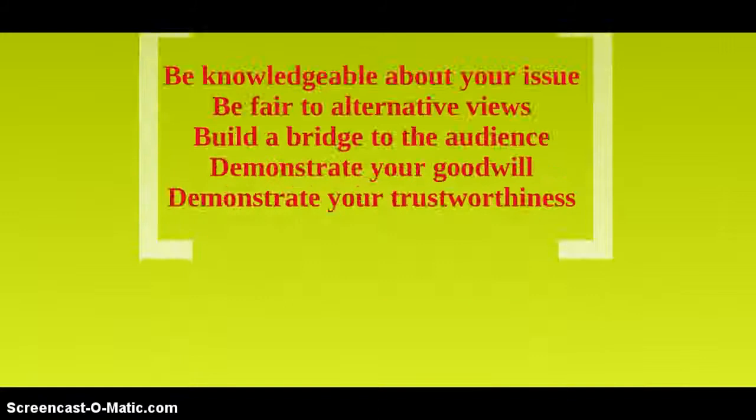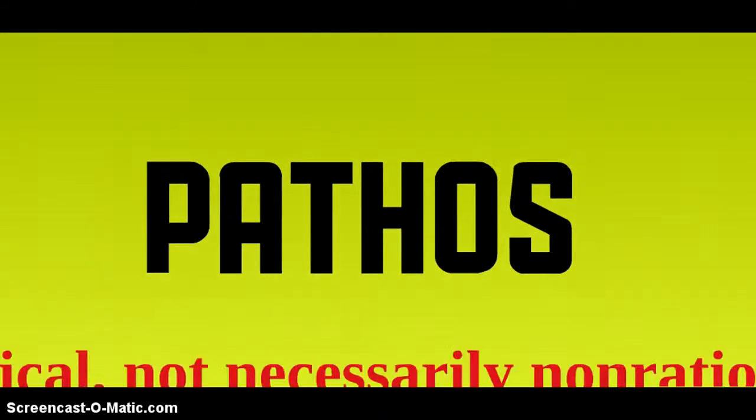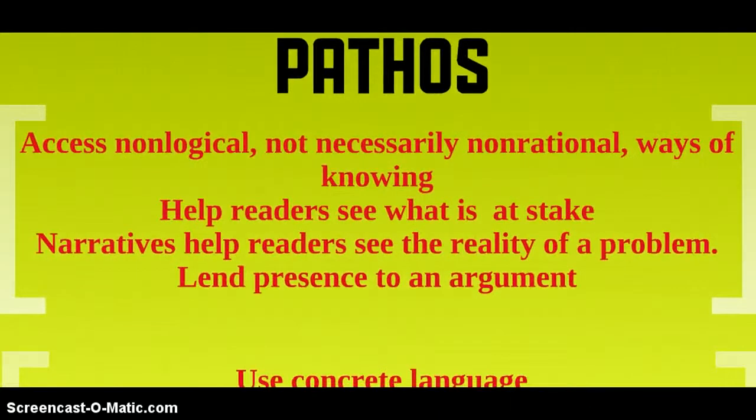In addition to ethos, you'll want to connect to the audience's values and emotions through appeals to pathos. Pathological appeals are legitimate whenever they intensify and deepen the response to an issue rather than diverting attention away from it. These types of appeals can give access to non-logical, but not necessarily non-rational, ways of knowing information.